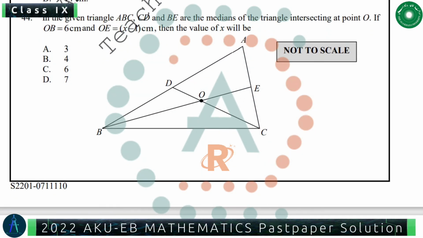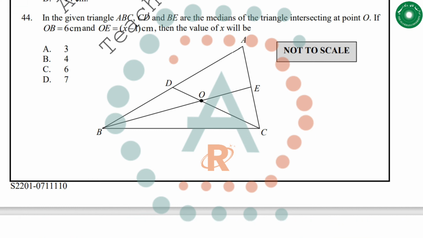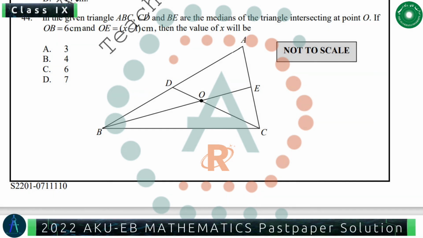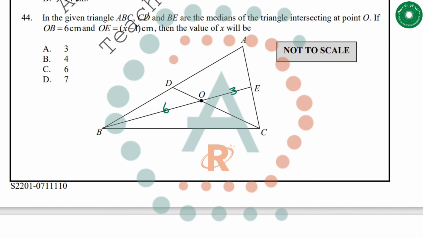In this given triangle ABC, CD and DE are two medians of the triangle, and OB is equal to 6. We know that the point where the medians intersect is the point of trisection. So OB itself is equal to 6. This means this will be equal to half of 6, and OE is equal to x minus 1.